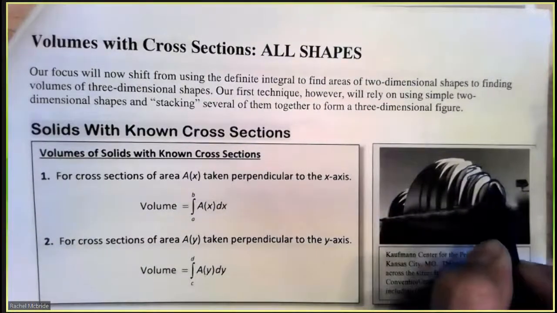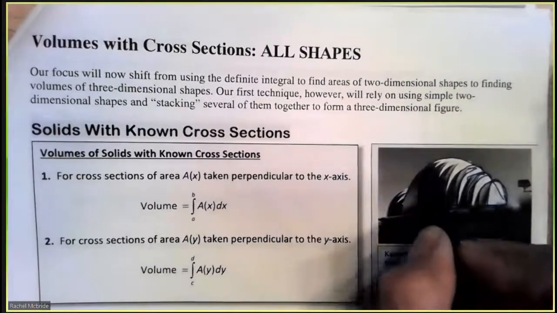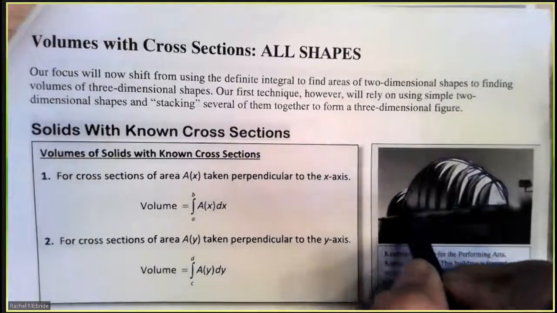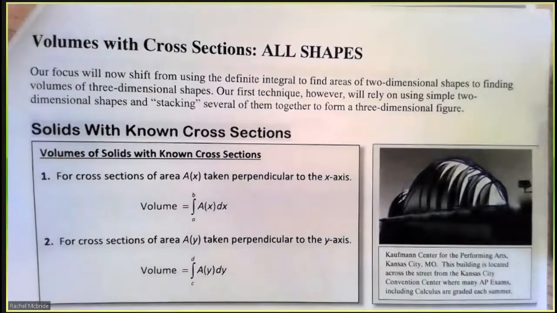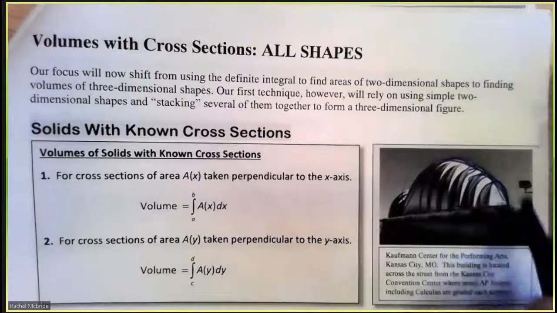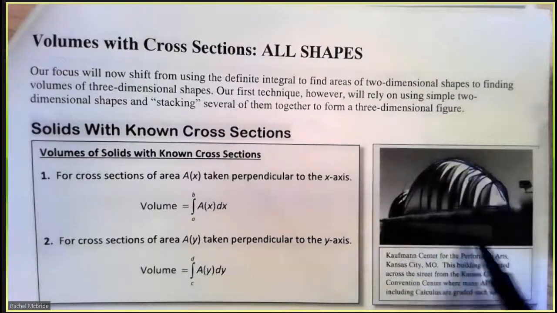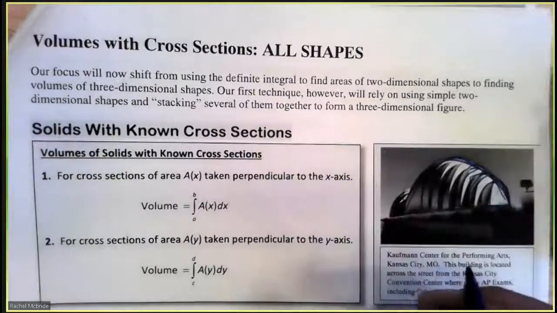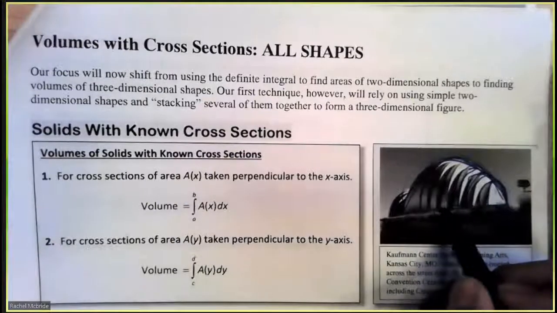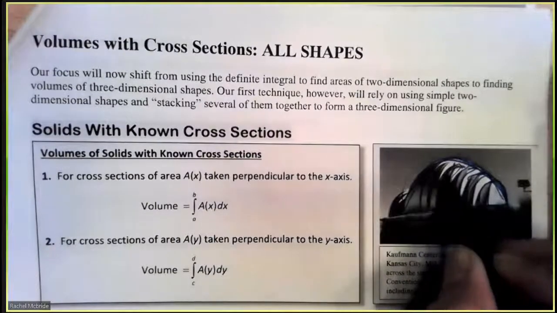So the object is getting taller, and you can almost see like a quadratic formula here in terms of the shape of it. And if you wanted to find the area and volume that that building took up, then you would break it into all of these mini cross sections.